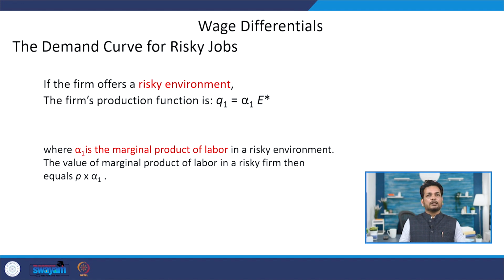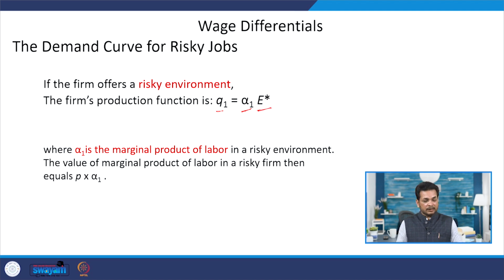Now, if the firm offers a risk environment, the firm's production function is going to be Q1 equals alpha 1 into E star, where alpha 1 is the marginal product of labor in the risk environment and E star is the number of employment.